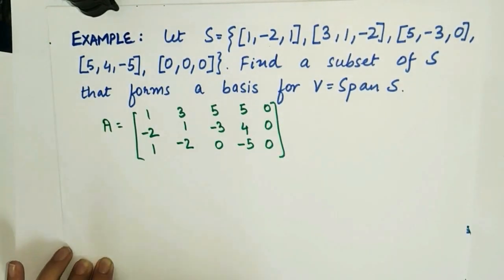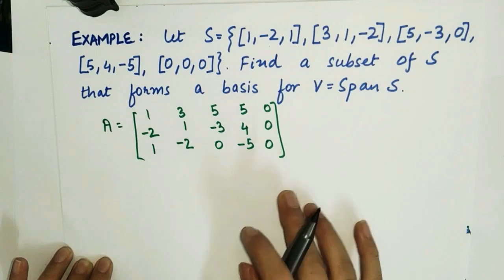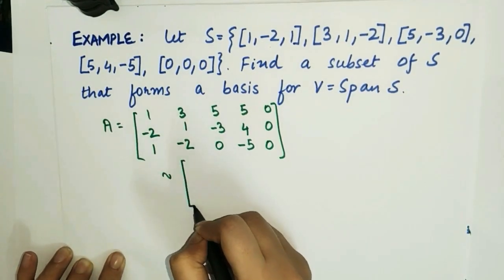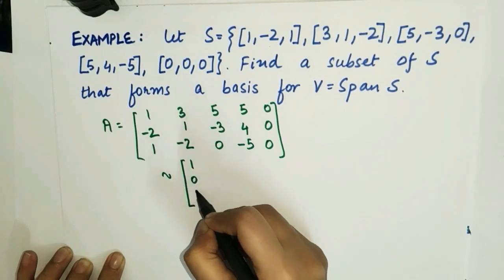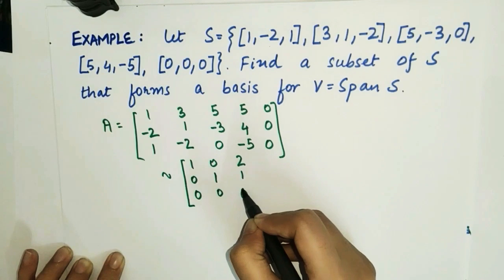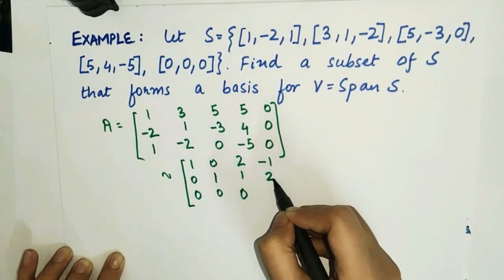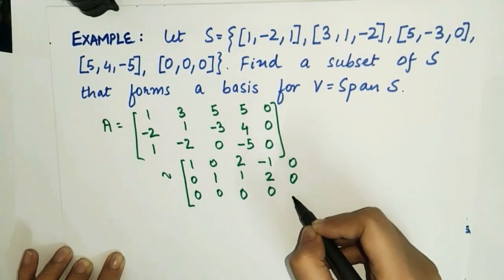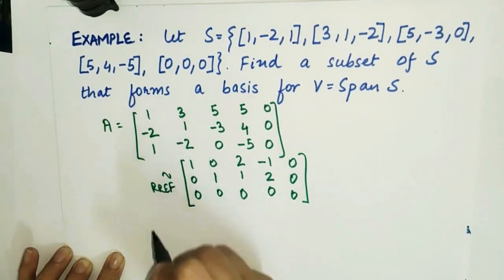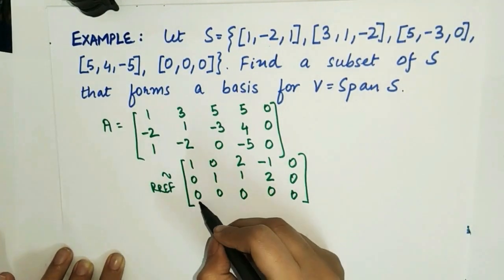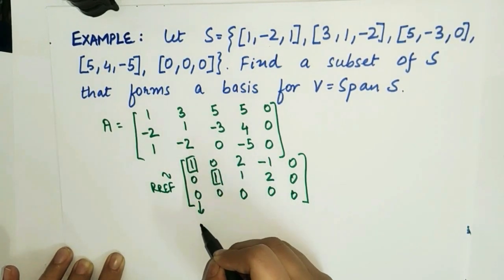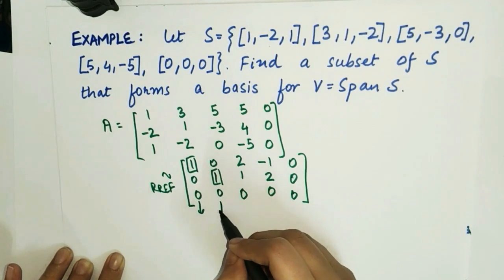After constructing this matrix A, we find the RREF. Again, I am writing it directly, but you can verify that you are getting this as the RREF: 1, 0, 0, 0, 1, 0, 2, 1, 0, minus 1, 2, 0, 0, 0, 0. So I am getting this to be my RREF. Now from the RREF, I can see that there are only two pivot columns, which are the first and second.